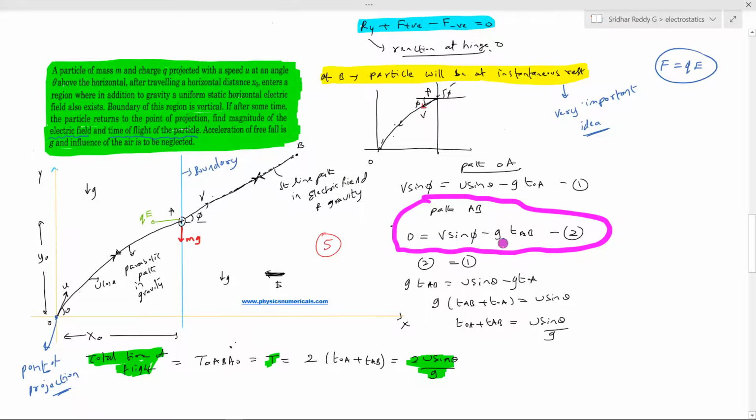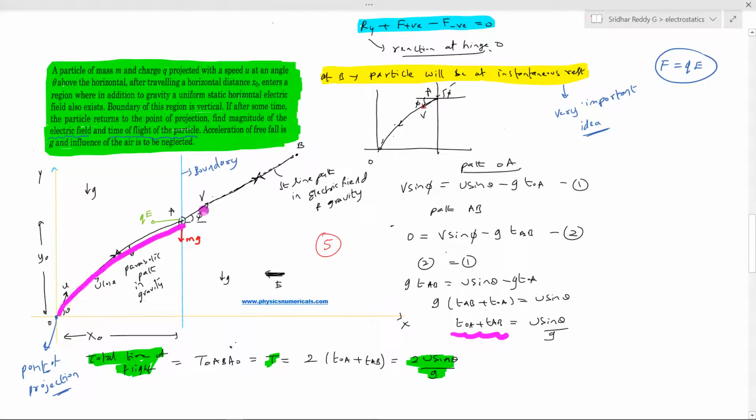So solving 1 and 2, g TAB is equal to U sin theta minus g TOA. Let me bring this g TOA onto the LHS. g times (TAB plus TOA) is equal to U sin theta, so the time taken to move from O to A, then A to B, is equal to U sin theta by g.